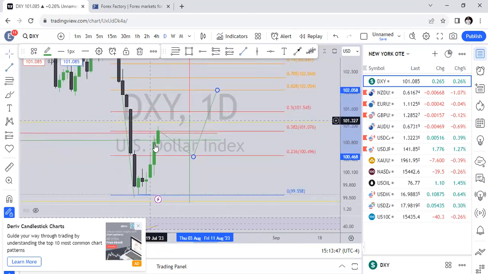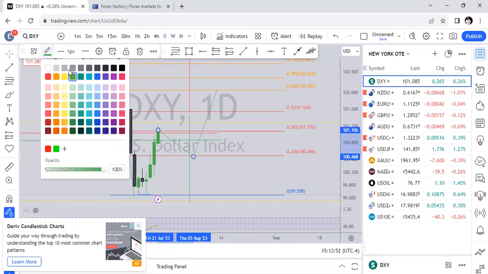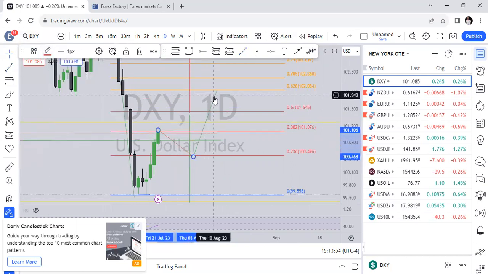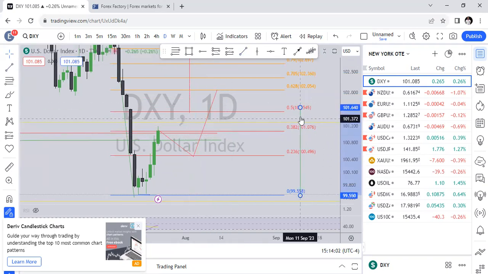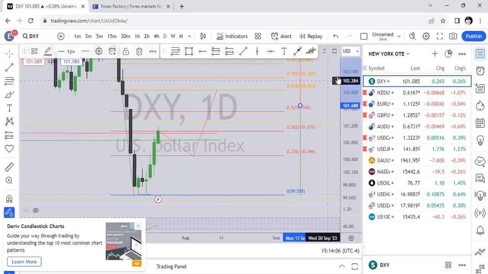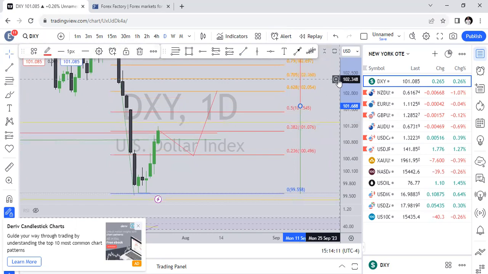So this is my projection for the dollar. That's what I want to see for the dollar.